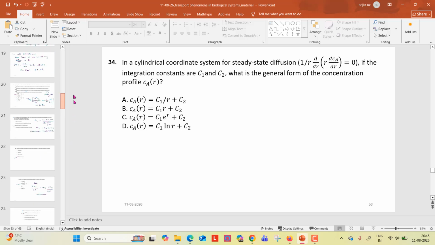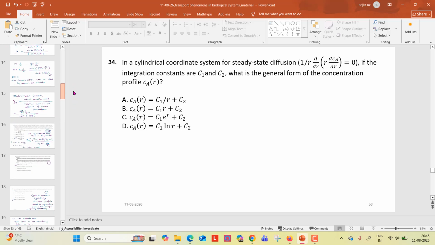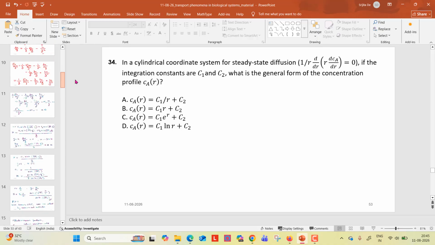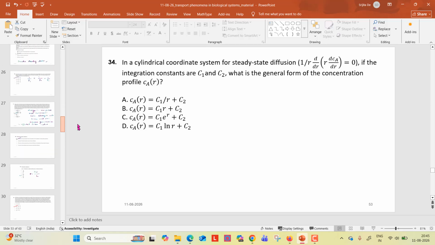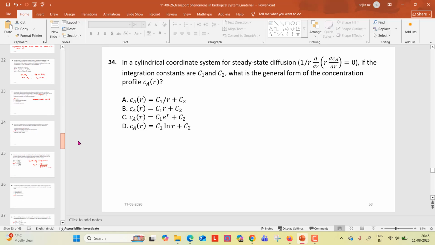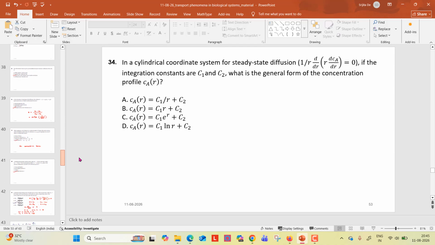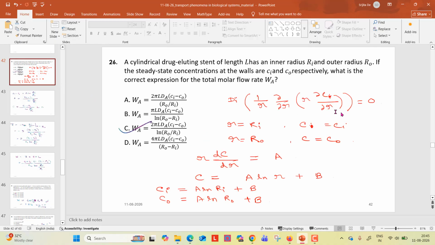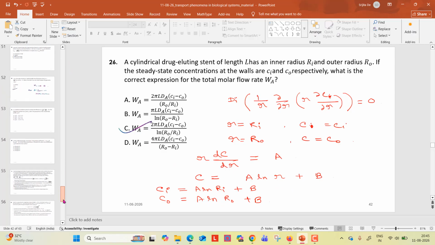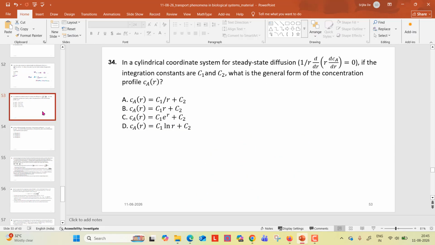Here it is. Yes, it is the same expression. So Ca will be C1 ln r plus C2. It is option D.